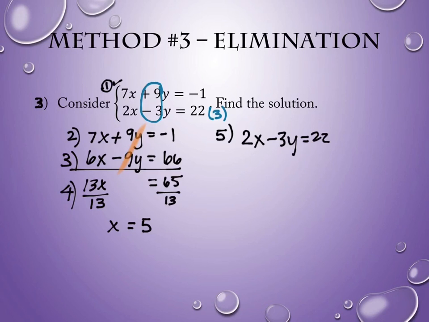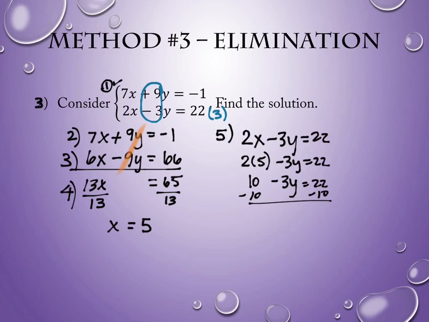And I know that my x is 5. So this is 2 times 5 minus 3y equals 22. 2 times 5 is 10. We'll subtract 10 and divide by -3.